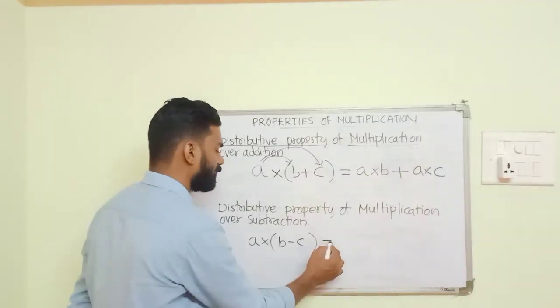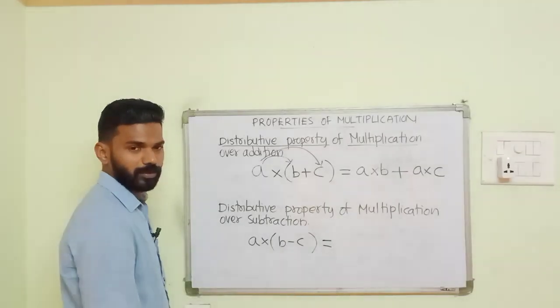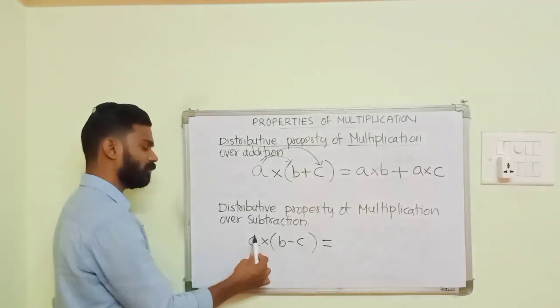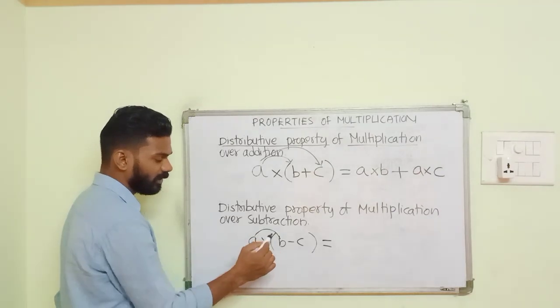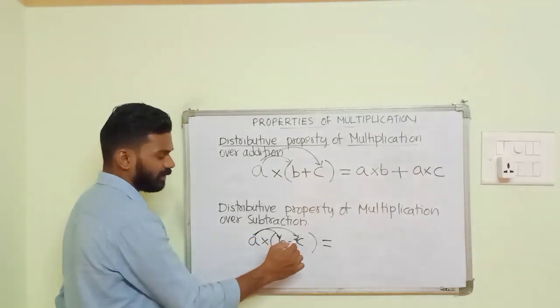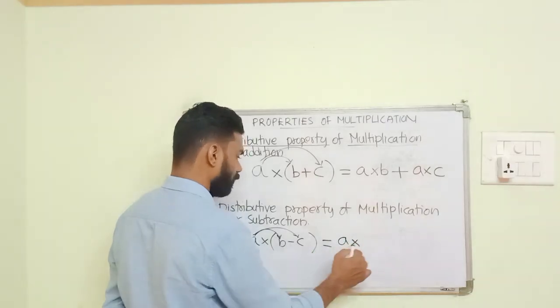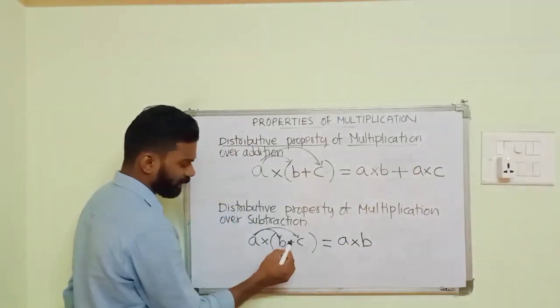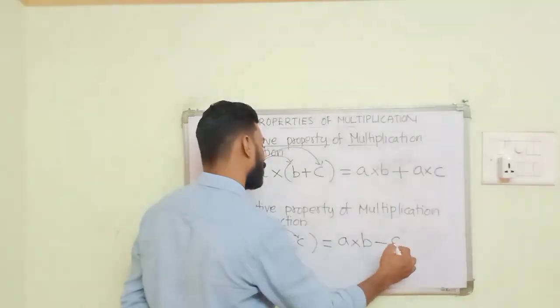Now you can distribute this multiplication over this subtraction. How could you do this? This A has to be multiplied both with B and C, so that it will come like this, A into B. Thereafter comes the subtraction. Now you can subtract whom?